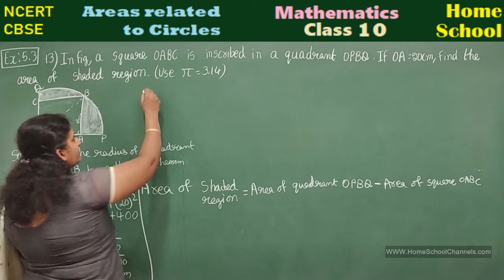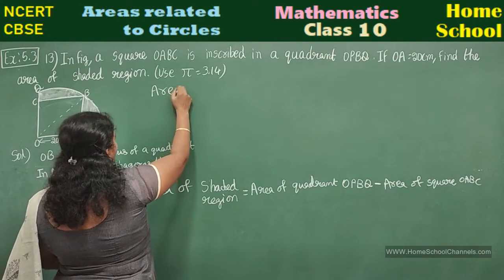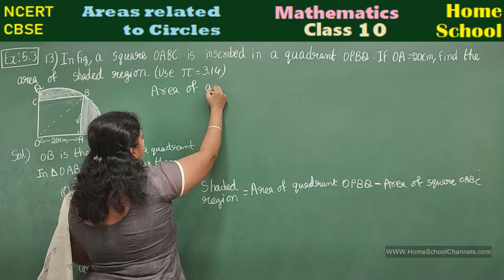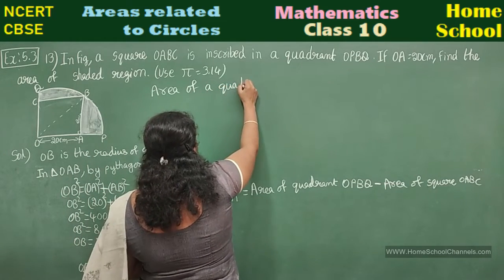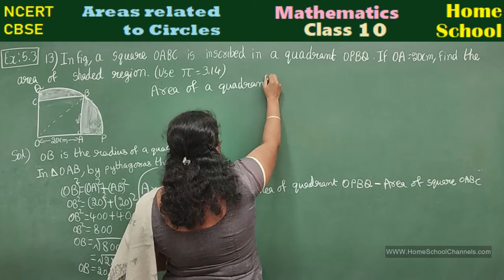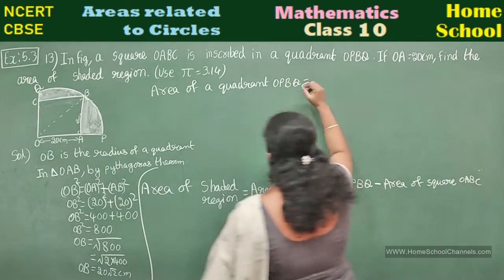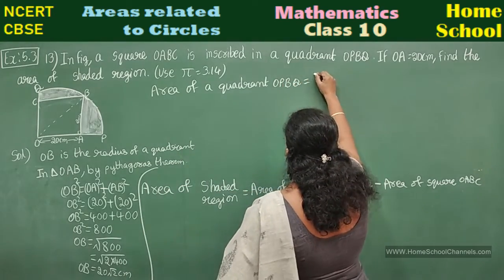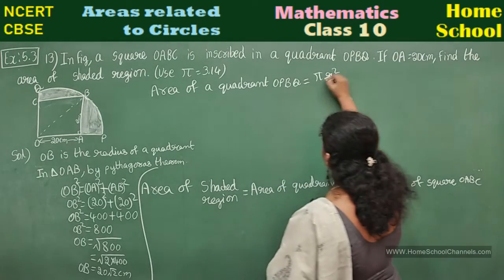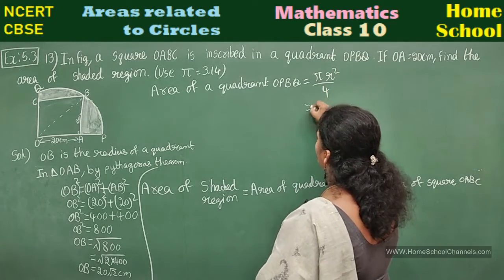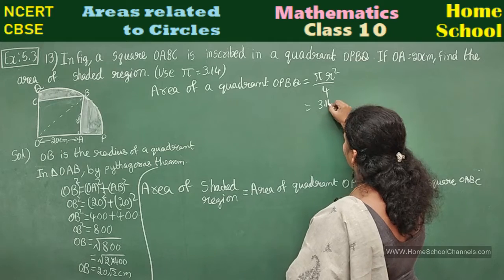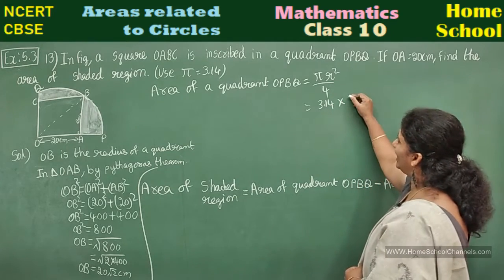Next step, find the area of the quadrant. Area of quadrant OPBQ is equal to, the formula is pi r square by 4. Pi value is 3.14 into radius.